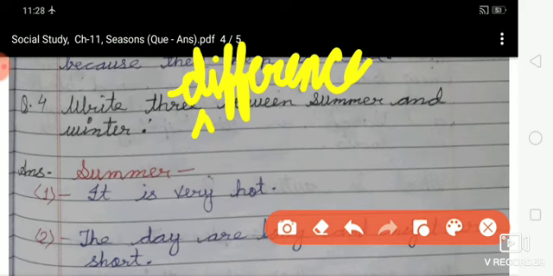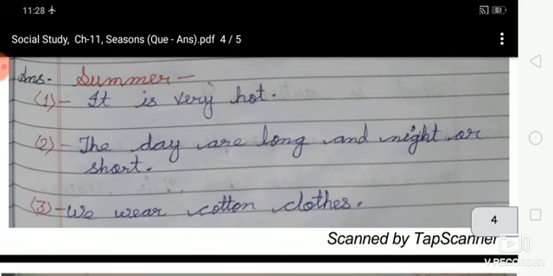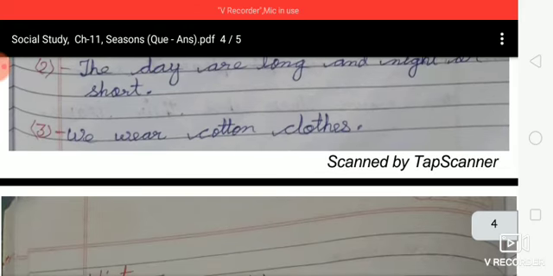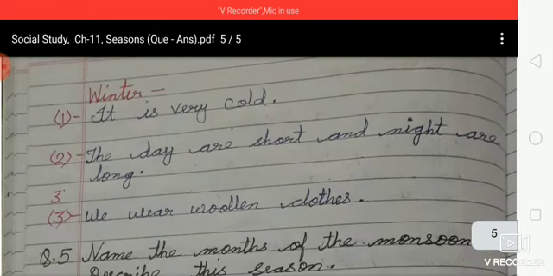So first one, the answer is first, summer. It is very hot. Now second one, the days are long and nights are short. Now third one, we wear cotton clothes. Okay.